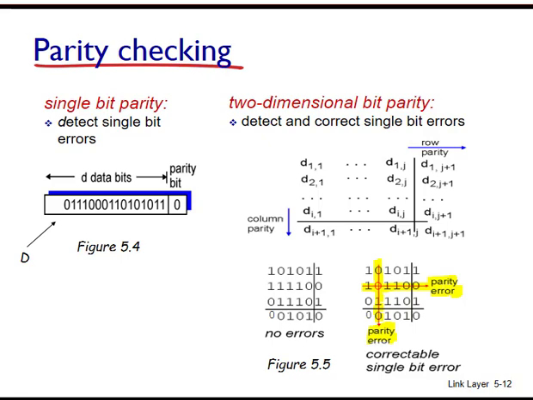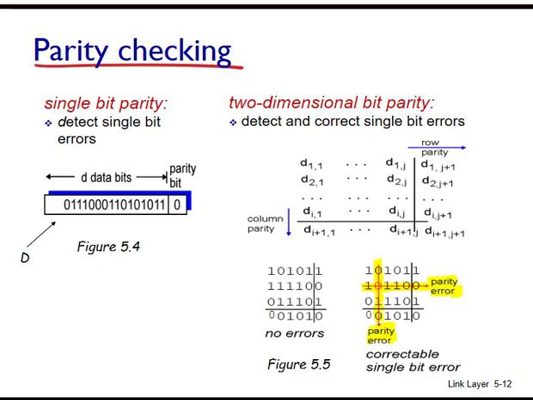That is, the original information and the parity bit has an even number of ones. For odd parity scheme, the parity bit value is chosen such that there is an odd number of ones. Figure 5.4 illustrates an even parity scheme with the single parity bit being stored in a separate field.